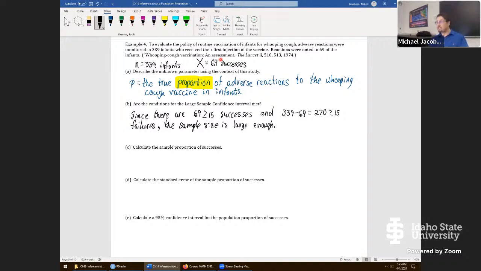So that takes the place of robustness. And if the sample size was too small, we could have failed if just one of these conditions didn't succeed. So we have to have greater than or equal to 15 on both successes and failures. We still have more to say, but any questions, folks, so far?